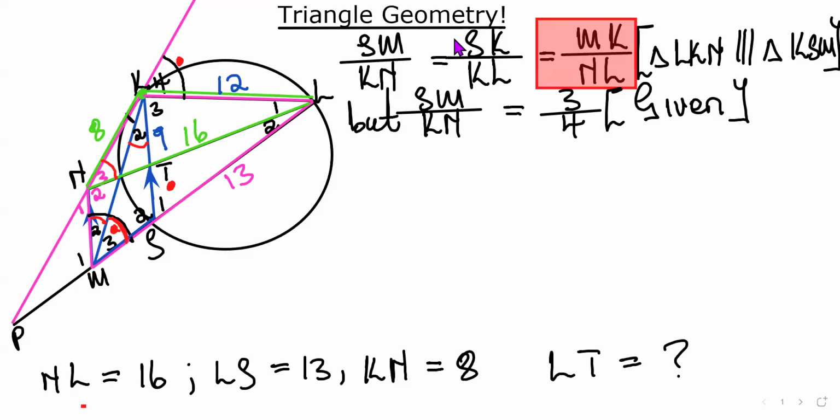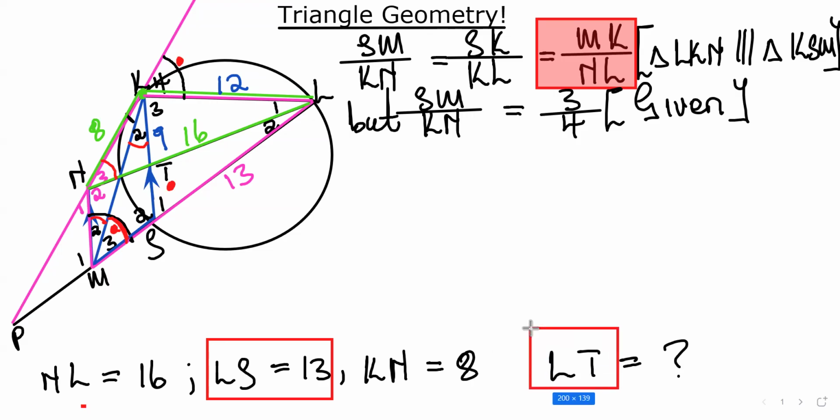The question is, are we going to use similarity once again? And the answer is not necessarily. Why? Well, that's because in our similarity, we don't have LS. That's the first thing. We also don't have LT in our similarity here. So we can't really use that.